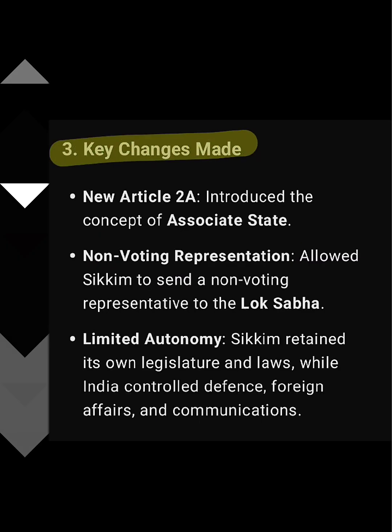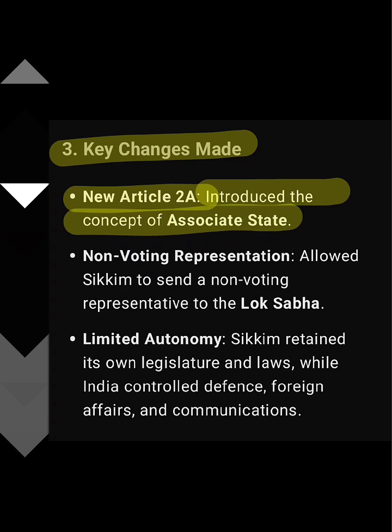So what were the key changes made through this amendment? It has introduced a new article, Article 2A, which introduced the concept of associate state. So here associate state means that the state has been partially integrated into Indian Union. Not fully, but partially. How? With this amendment, non-voting representation to the people of Sikkim has also been granted.